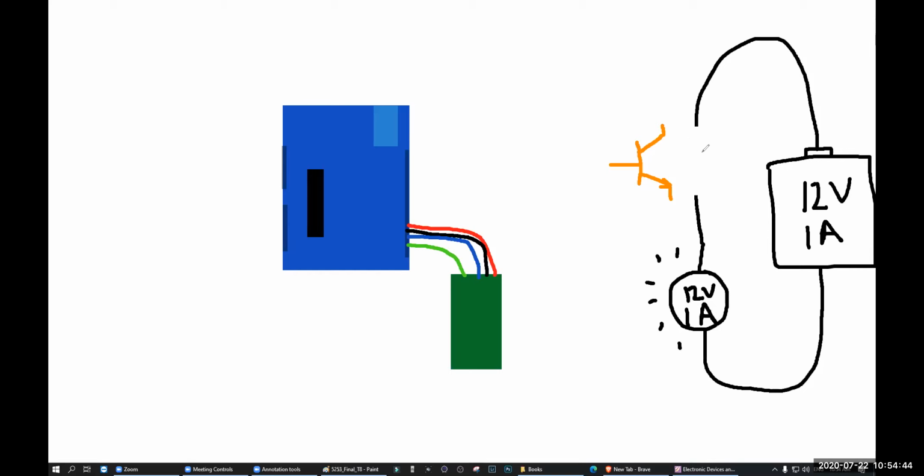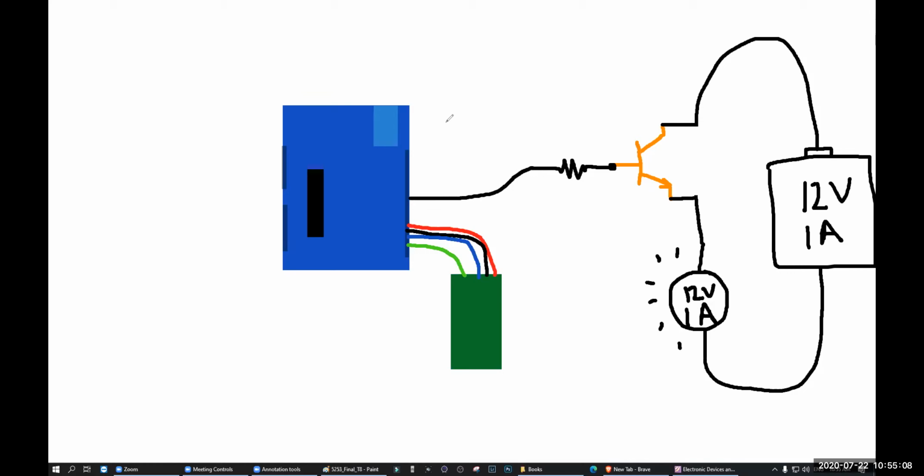Instead of that switch, it will use this. So how will it be connected? It will be connected like this. With a resistor, obviously a resistor must be there. With a resistor, let's say it is connected to a pin, any pin.